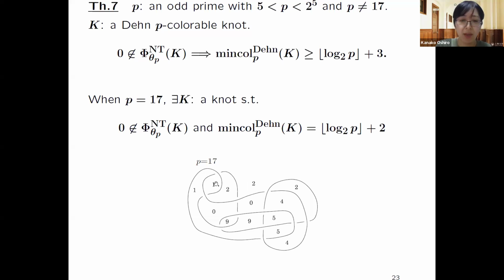So when we calculate the cocycle invariant for this knot, we can see that this cocycle invariant doesn't include 0, but this is colored by 0, 1, 2, 4, 5, 9. So 6 colors. So this is colored by using the floor function of log 2 17 plus 2. So this case doesn't satisfy this conclusion.